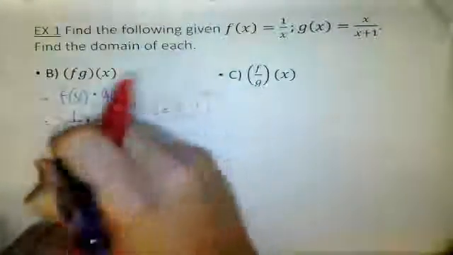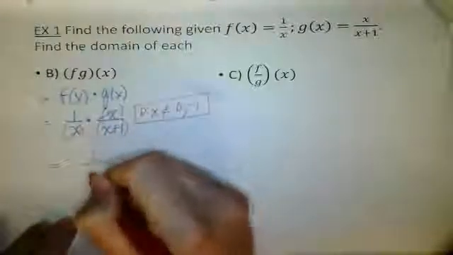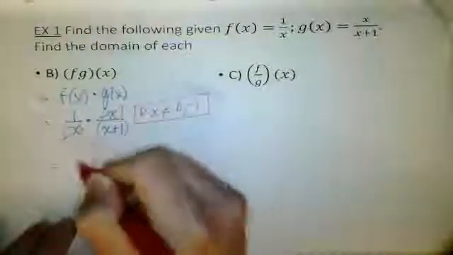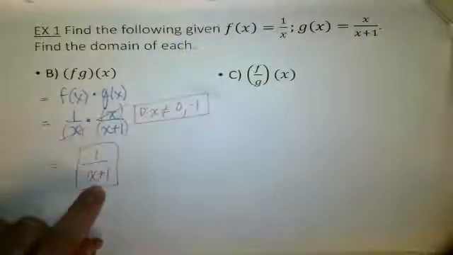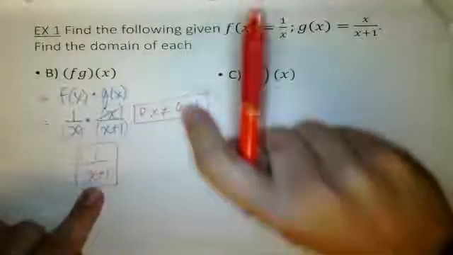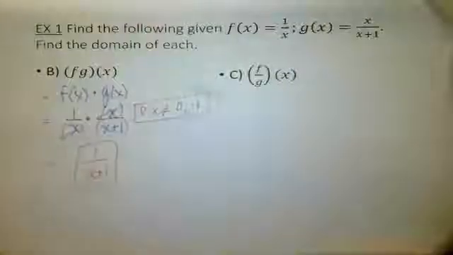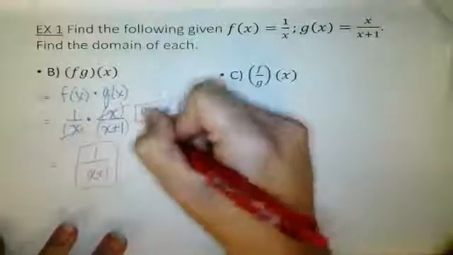Yeah, the x on top and x on bottom reduce, and we're left with 1 over x plus 1, which is a lovely answer. But when you just look at the domain of that final answer, what does it say? X can't be -1, which means we're missing part of the exclusions, okay? And so it's really important to think about domain.